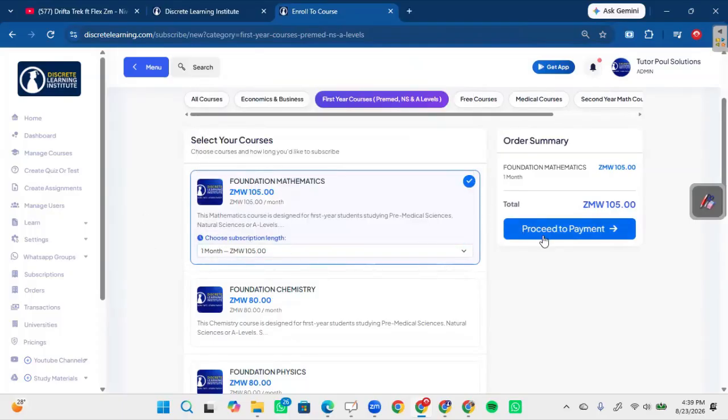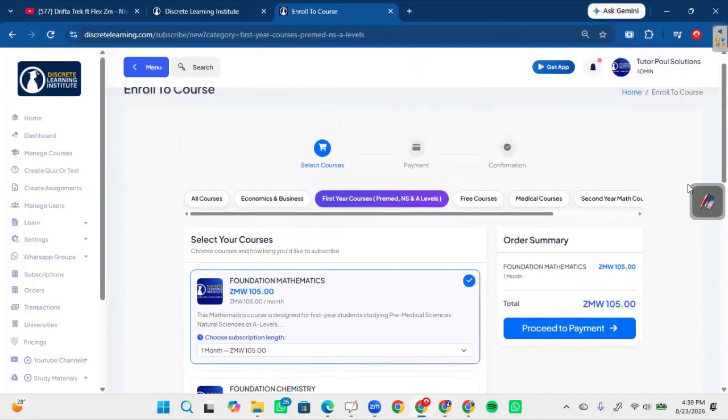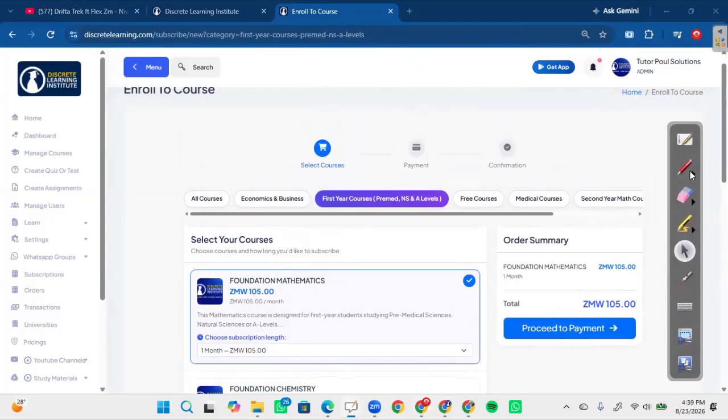Once you select, you proceed to the payment. A prompt is going to come on your phone to put the password and the like. You put subscribe, then you have access to the course. This can be done by you yourself. You don't need anyone to do this for you. You all have phones, so just subscribe and say goodbye to your academic pressures.